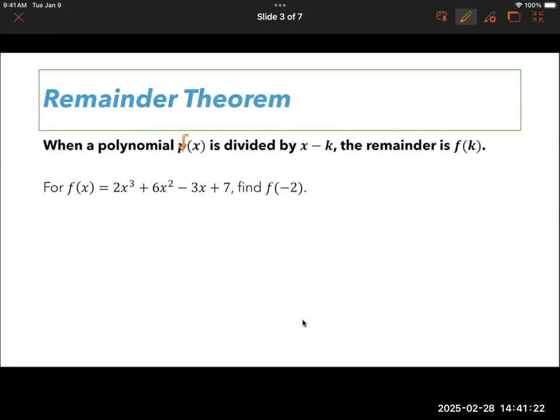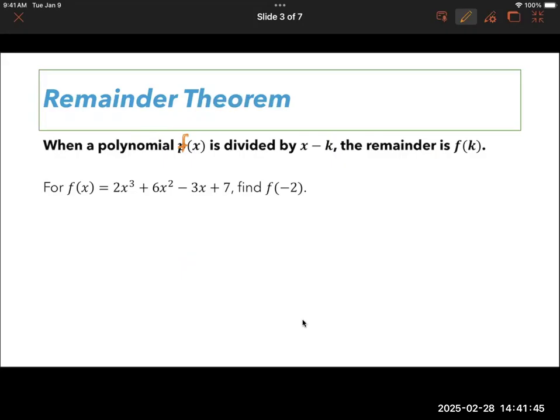So what this is saying is if I use synthetic division, just like we did, and I look at the remainder that I get from dividing by x minus k, that remainder is actually what I would get if I took k and substituted it into the polynomial.